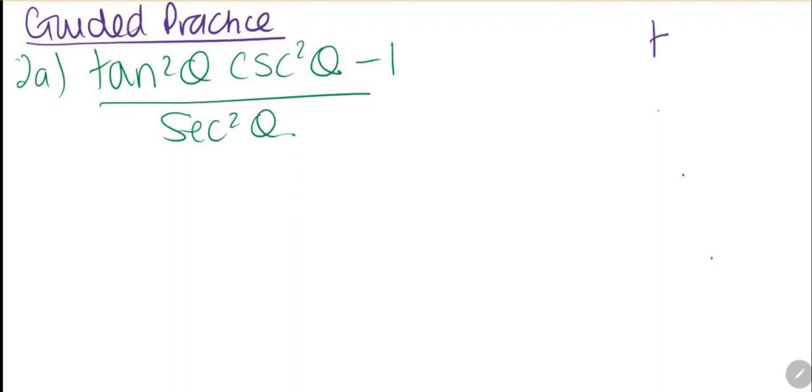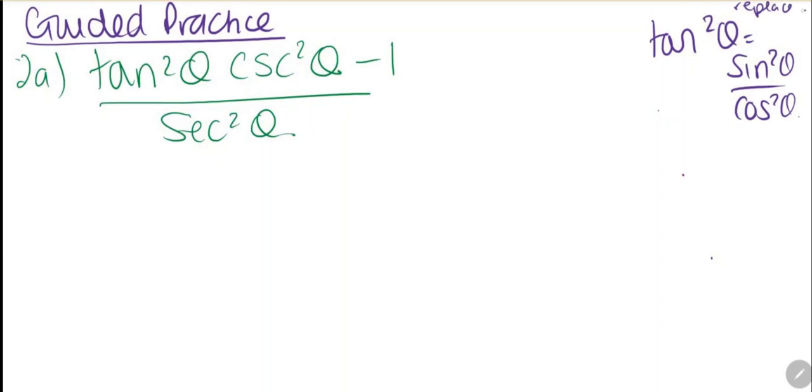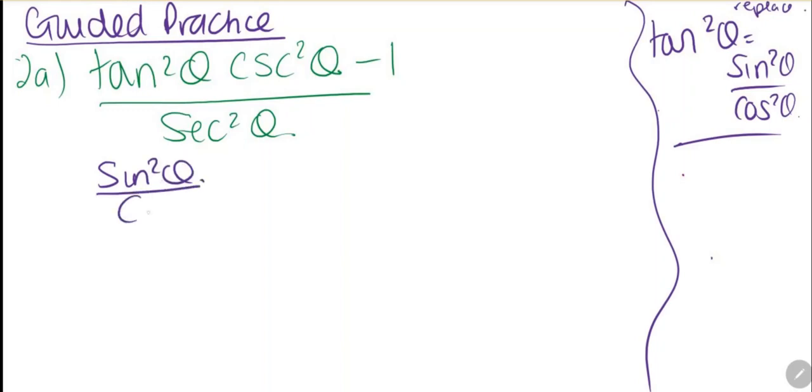Now we know that tan is equal to sine over cosine. So tan squared theta is going to be equal to sine squared theta over cosine squared theta. So we can replace these. So sine squared theta over cosine squared theta.